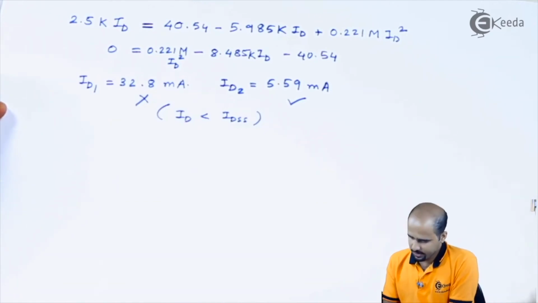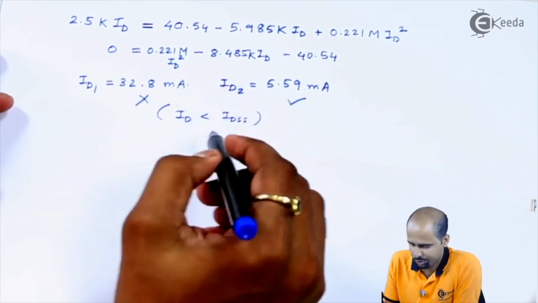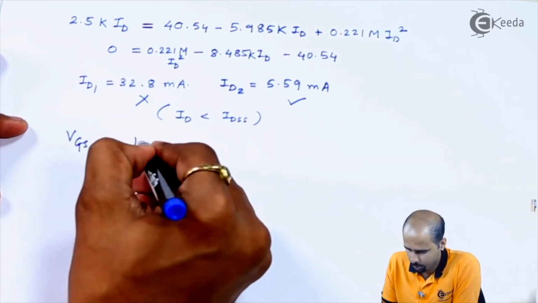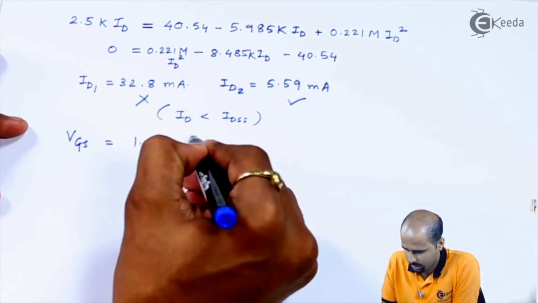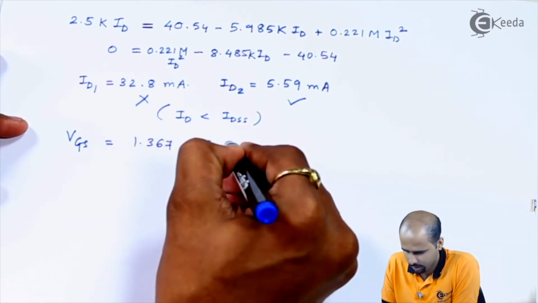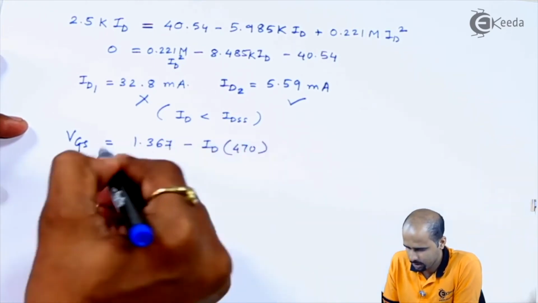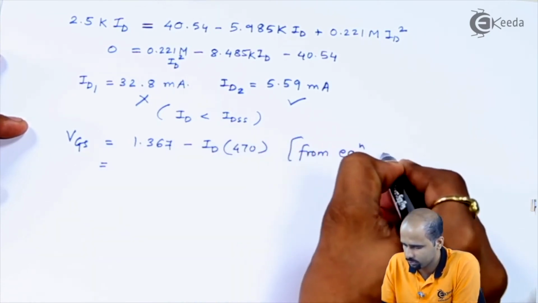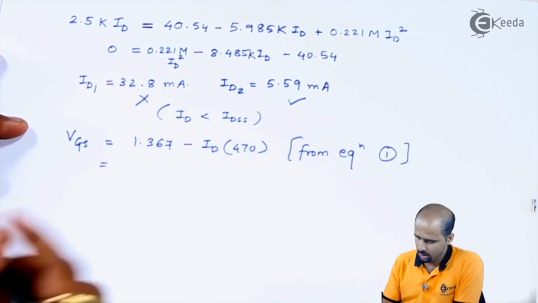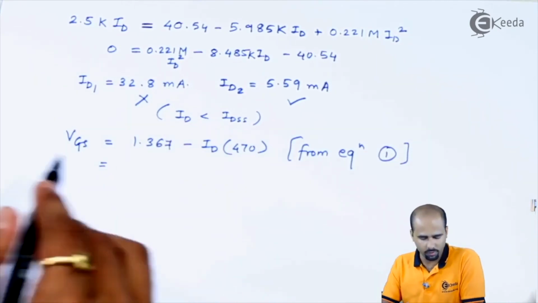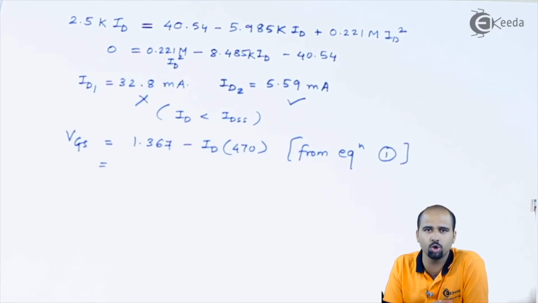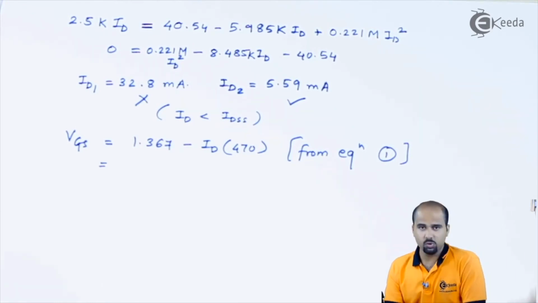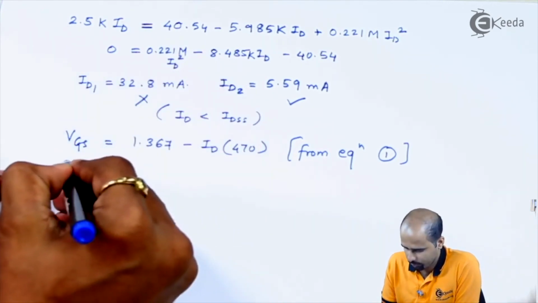Okay, so let's proceed further to calculate the value of VGS. We know that the value of VGS is equal to 1.367 minus ID into 470, from equation number 1. So just calculate the value. Whatever value you will be getting, we will treat this as Q parameter for VGS, right? Minus 1.26, that will be the value of VGS.